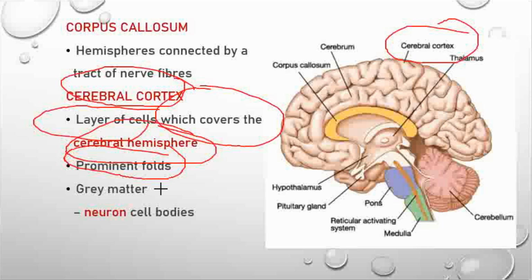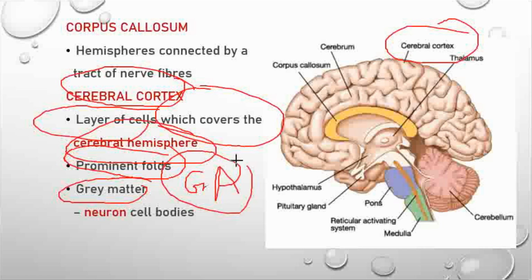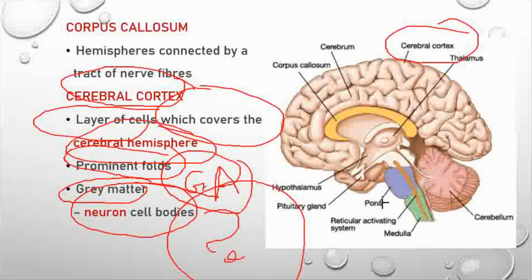So the cerebral cortex is referred to as gray matter. Why do we call it gray matter? It has a grayish appearance. Why does it have this appearance? It is due to the neuron cell bodies. So when we look at it, it will be gray in color.